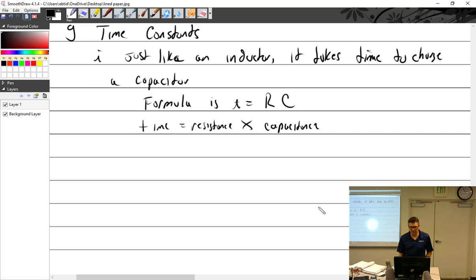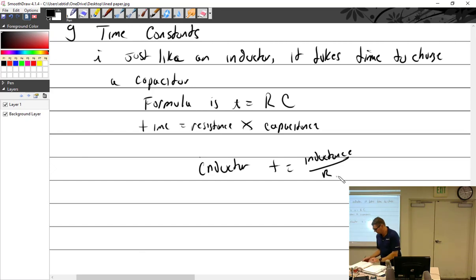For the inductor, for a coil, or inductor, I'll say inductor. If you remember, it's time equals inductance divided by resistance. There. Not that I'm going to hold you to that, but hey, there we are.